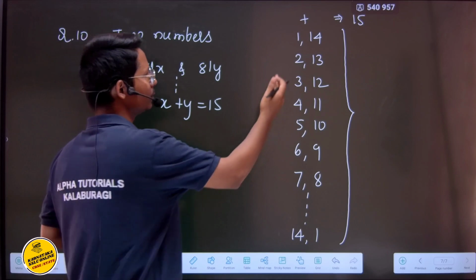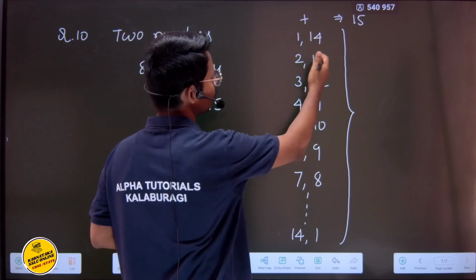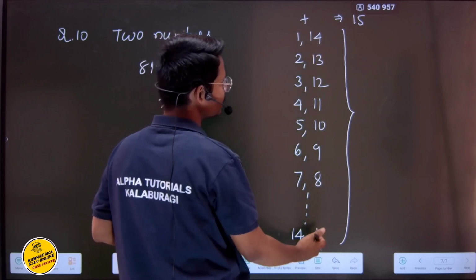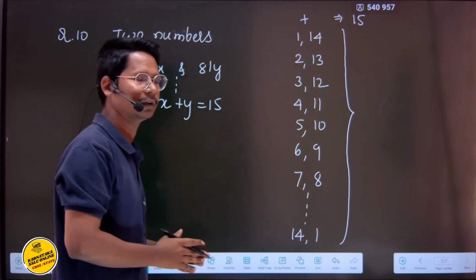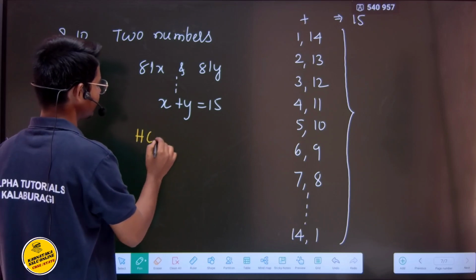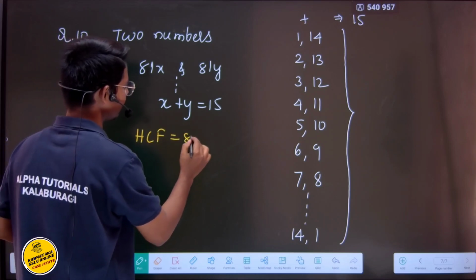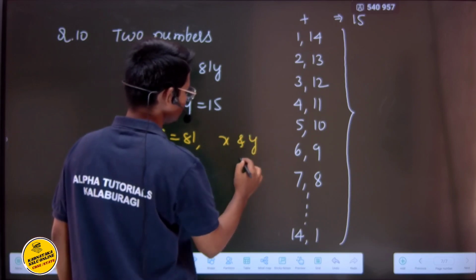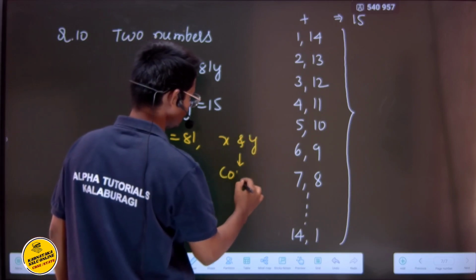So the list goes like this: 1 comma 14, 2 comma 13, 3 comma 12. There are so many combinations which give the sum 15. But you need to understand, when they say HCF is 81, x and y should be co-prime.